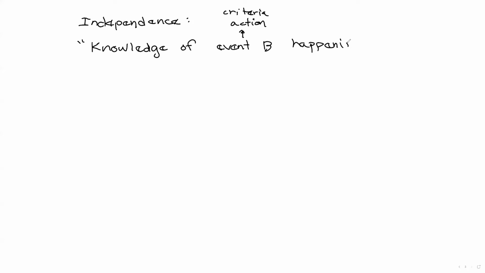What it means to be independent is that the knowledge of event B, and by event we could mean criteria or action, event B happening, does not change the probability.